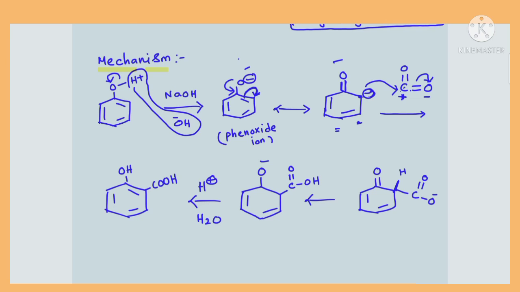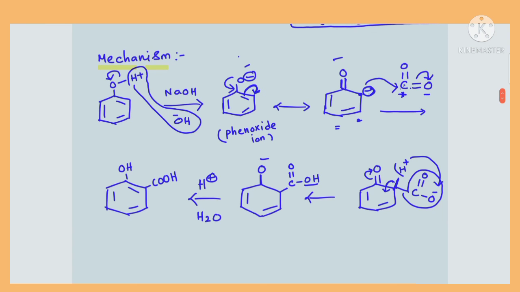When the bond between carbon and hydrogen moves inside, it forms a normal benzene ring, and this hydrogen comes out as a proton. That proton gets added over this oxygen, so O minus plus H plus is OH. So this whole portion becomes a COOH group. Now you are getting this substance.